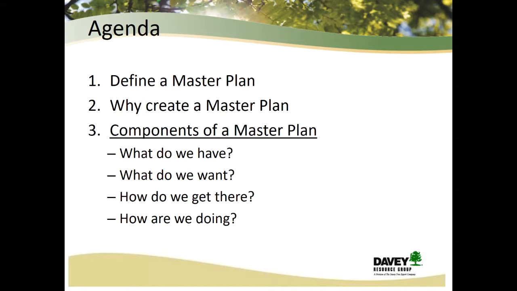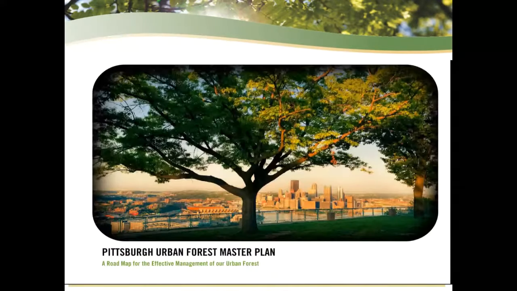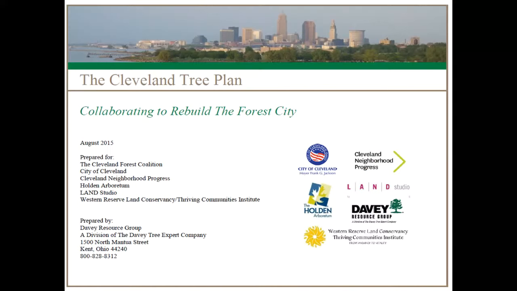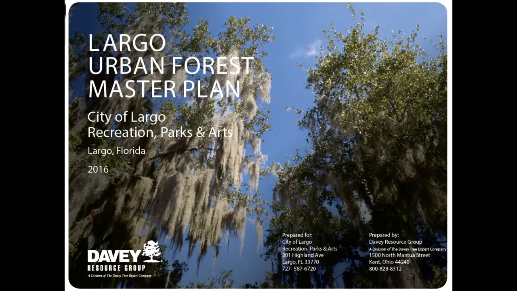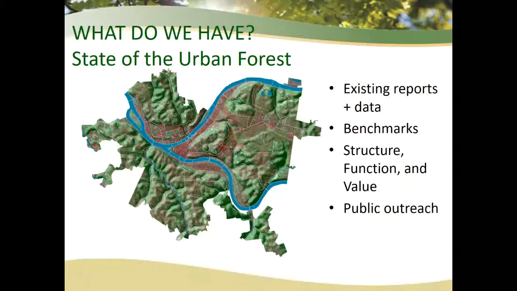So let's jump into the components of the master plan. I like jumping right into the components with case study examples. I'm going to use some examples from Pittsburgh, Cleveland, Largo, and a couple of others. Fundamentally, for an urban forestry master plan, the answer to the first approach is: what do we have?